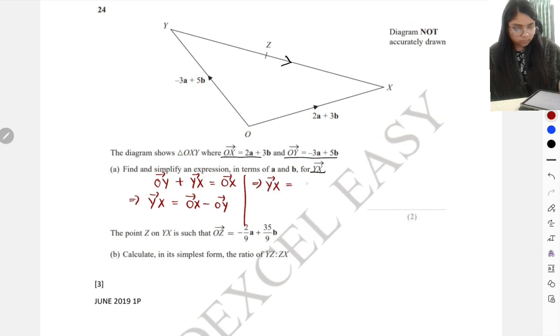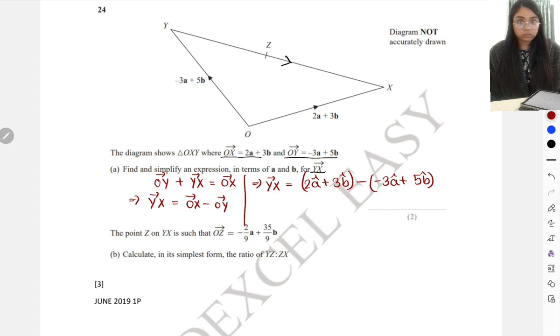So OX over here is 2a plus 3b, and OY was minus 3a plus 5b. Now you can just add the coefficients of a and b together. You have 2 minus 3, which becomes 2 plus 3, that's 5.